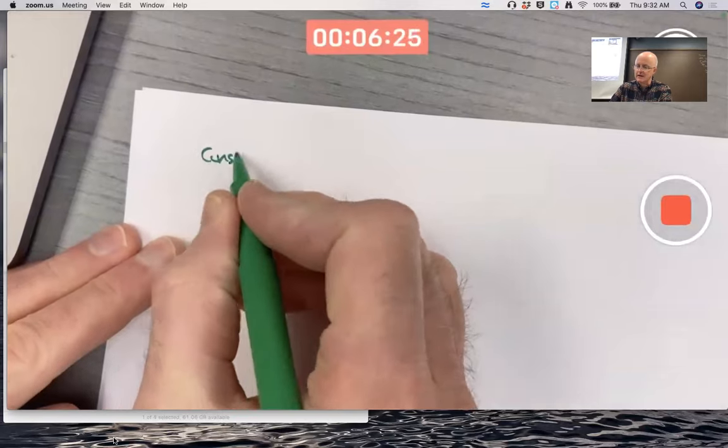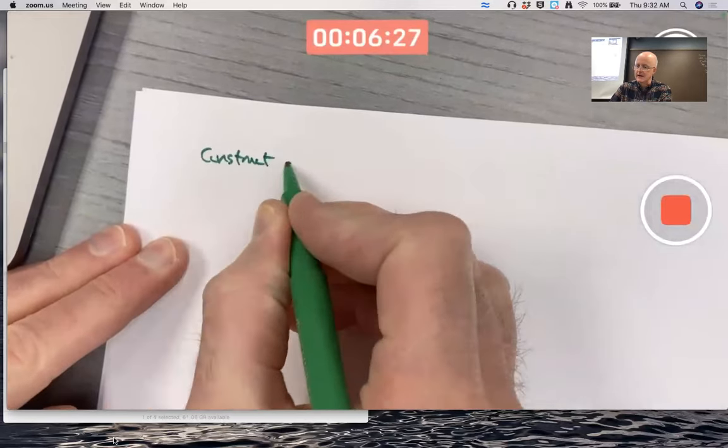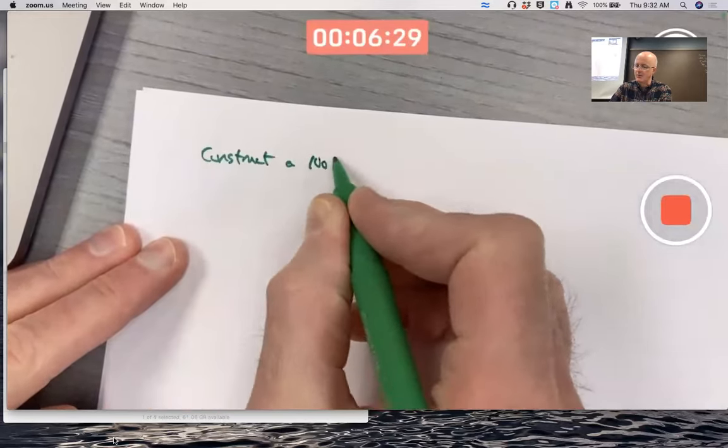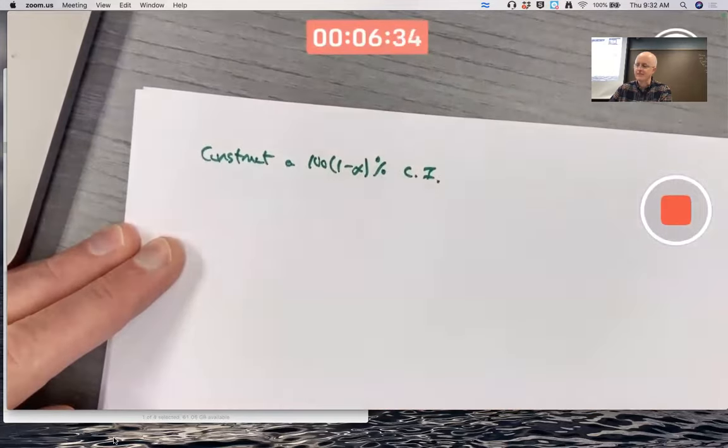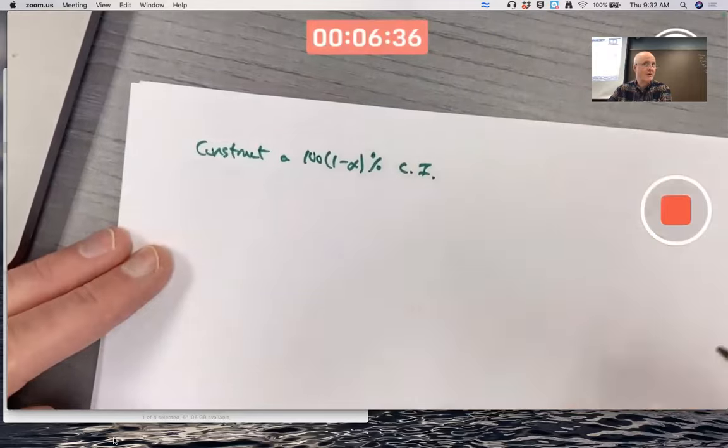Construct a 100 times 1 minus alpha percent confidence interval. So I'm not writing down the formula for it.